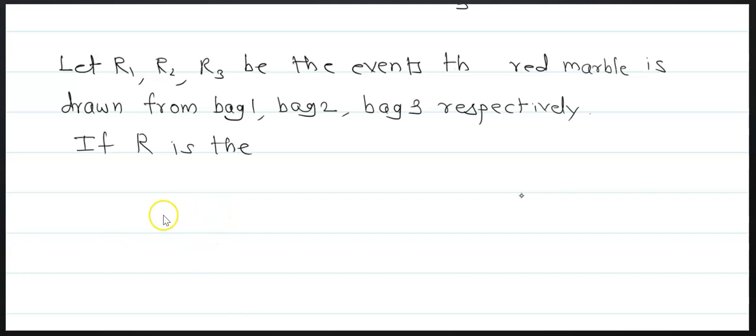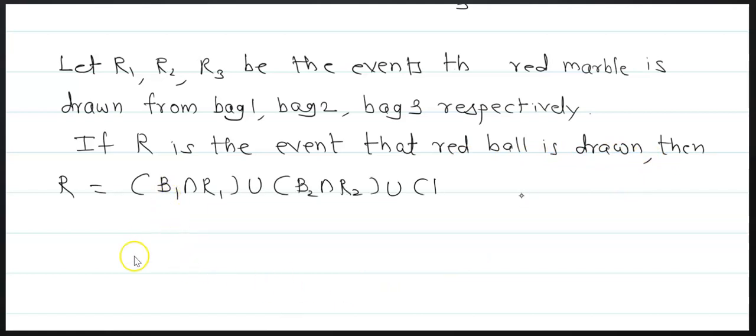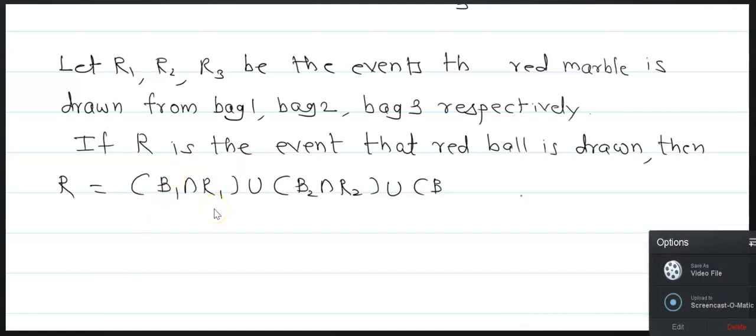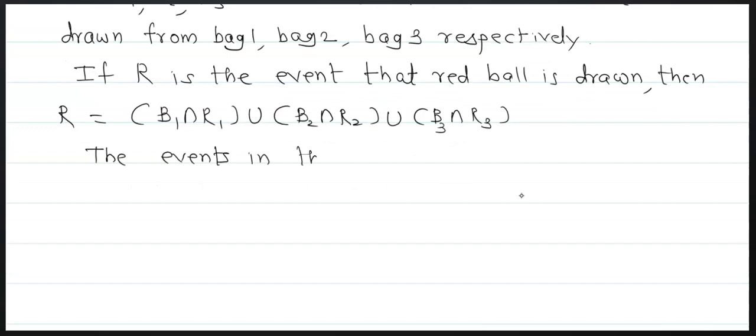If capital R is the event that a red ball is drawn, then it is B1 intersection R1, for the red marble, union B2 intersection R2, that is a red ball, and next, union B3 intersection R3. This is the event that a red ball is drawn.